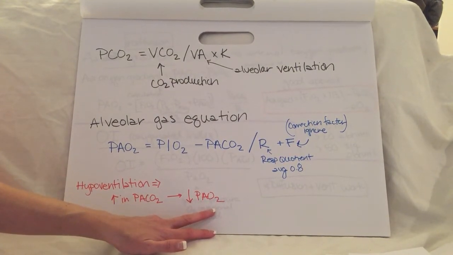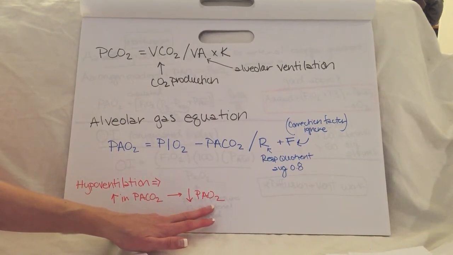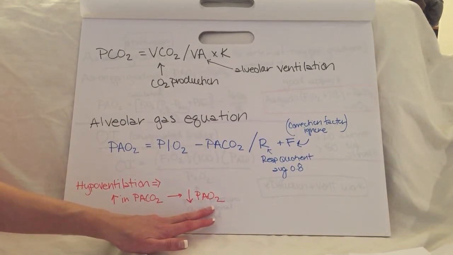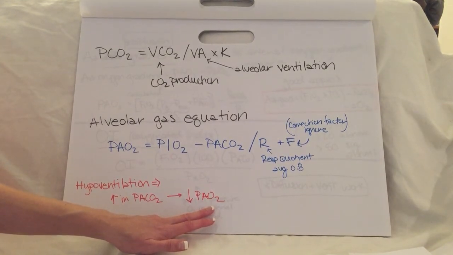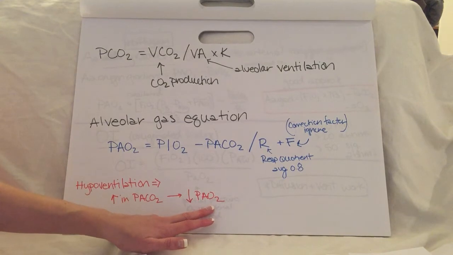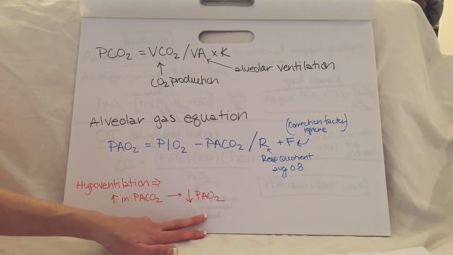Continually increasing your FiO2, however, does have limits. Of course, the upward limit of 100% O2, and it is not a permanent fix for the imbalance of ventilation and oxygenation.